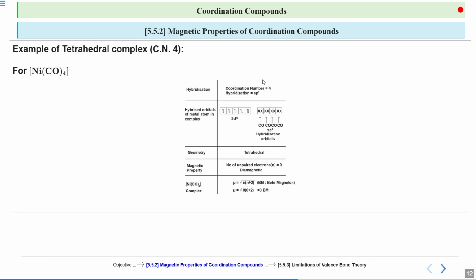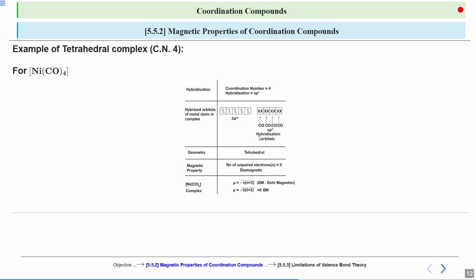So the coordination number is 4 for this complex, and the hybridization it is showing is sp3. So the hybridized orbitals of the metal atom in the complex are 3d10 and the sp3 hybrid orbitals. In each orbital, each carbonyl ligand is going to donate its pair of electrons to form the bond.